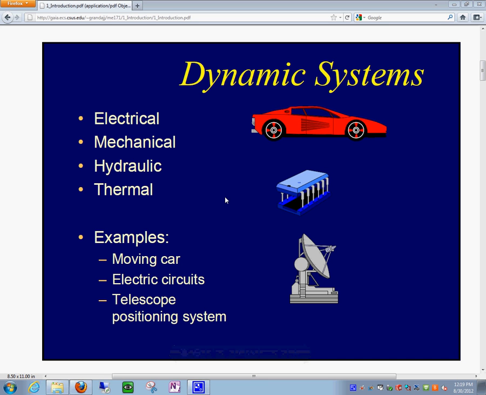Okay, let's analyze this system. If you have the car running, like I said, it's a transformation of thermal energy into mechanical energy. But let's examine a little bit more in detail what happens when you drive.